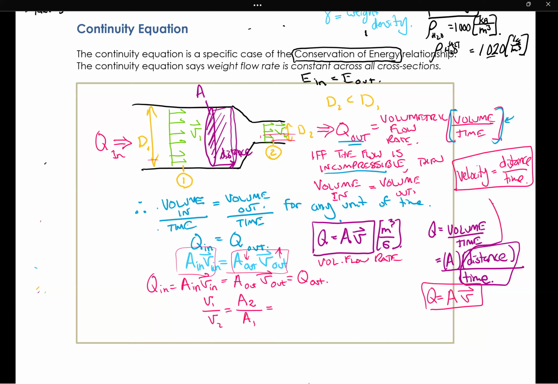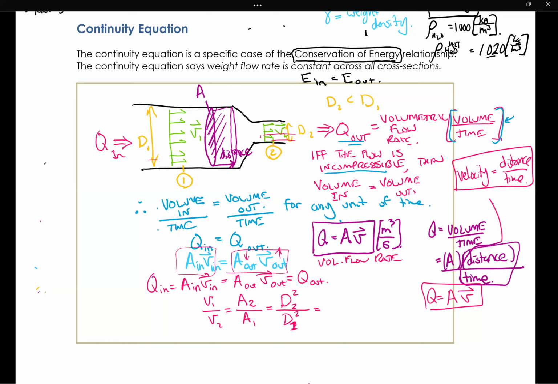And if you can relate area to diameter, then of course area relates to diameter with pi, right? And the pi's would cross out in the top and the bottom. So it would be d2 squared over d1 squared.